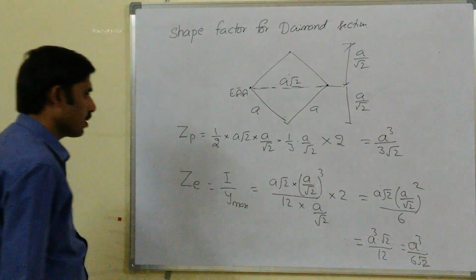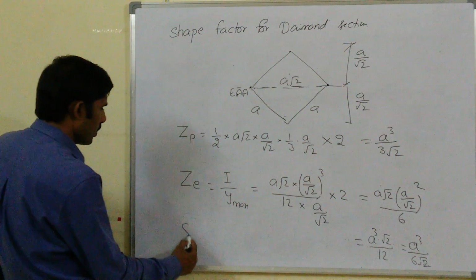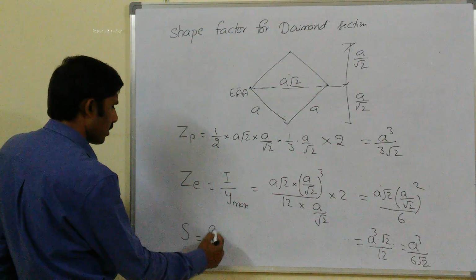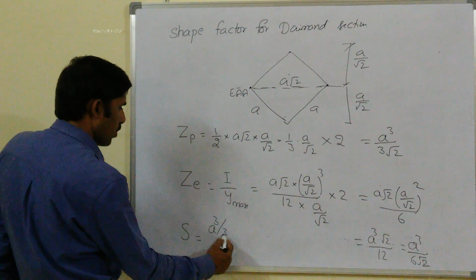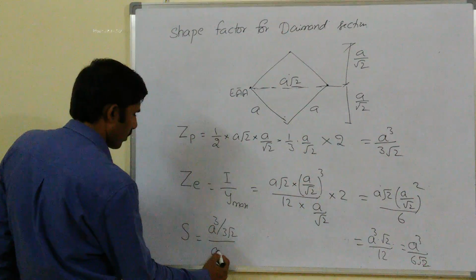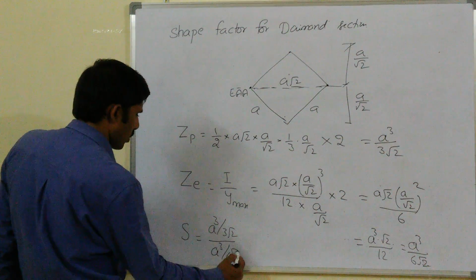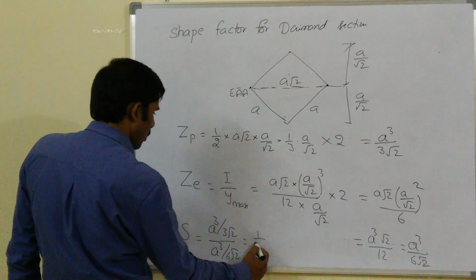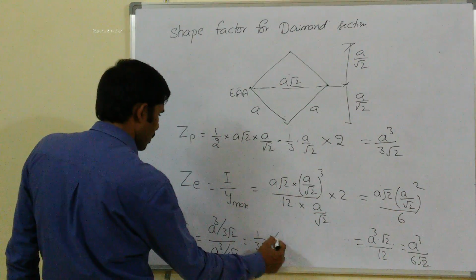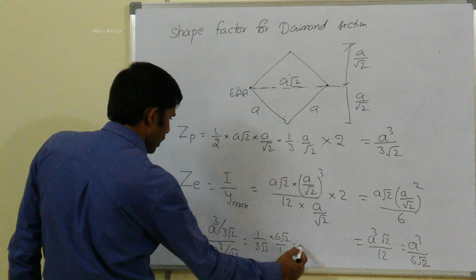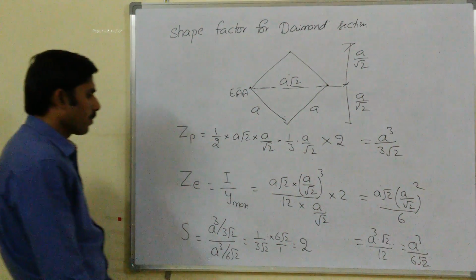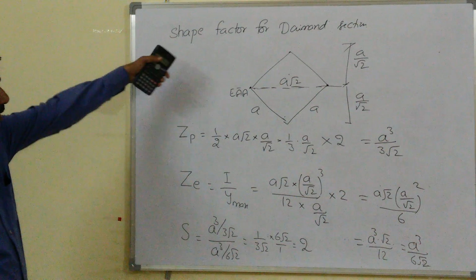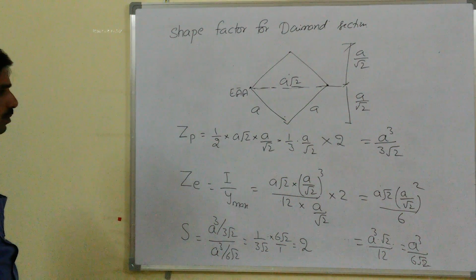That is the elastic modulus. Now S equals ZP by ZE, that means A cube by 3 root 2 divided by A cube by 6 root 2, that equals 1 by 3 root 2 into 6 root 2 by 1, that equals 2. So the shape factor for the diamond is 2.